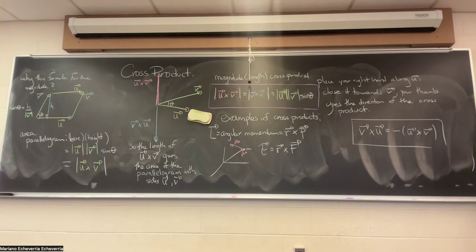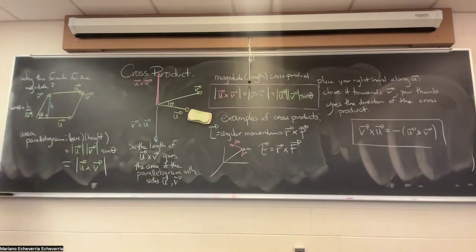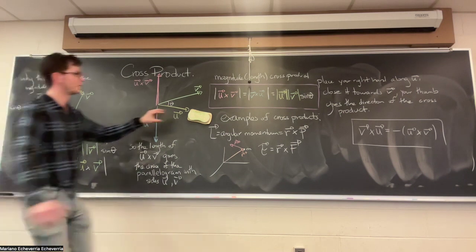Okay, and now I can also explain how I have been drawing my axes, X, Y, Z, and why I draw them the way I do, because the convention is the following.